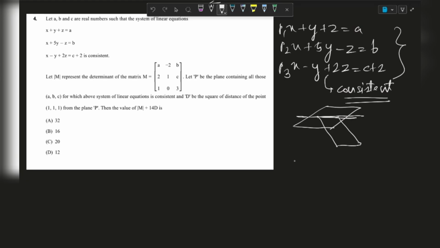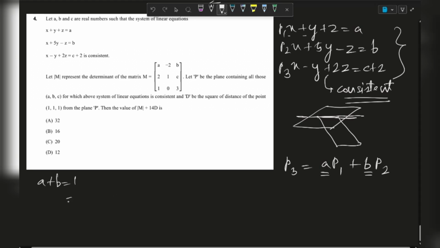So what we will do is we will take p3 to be small a p1 plus small b p2, where small a and small b are some constants that we will find out. So it's just comparing these coefficients here. So in the first step I will compare all of these. So first equation from here is a plus b equal to 1, and in the second part the RHS is minus 1, and this particular thing is a plus 5b.